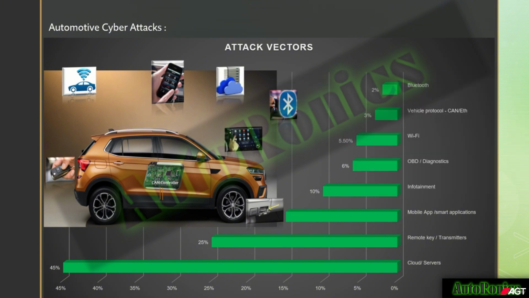And finally, Bluetooth. Basically, Bluetooth applications are needed for the vehicle to give some comfort to the user, which again can be utilized to understand the personal data of the user. But so far, there have been no major Bluetooth hacks to control the vehicle functions. So, like we mentioned, these are all the attack vectors currently in the market, and this data is taken from recent websites, recent years.